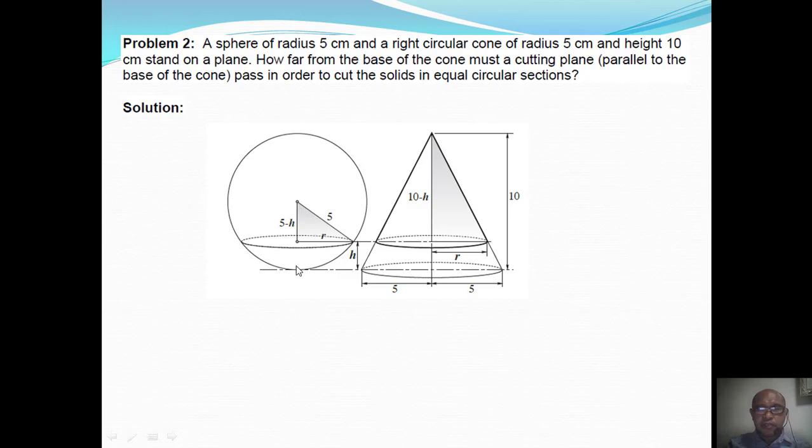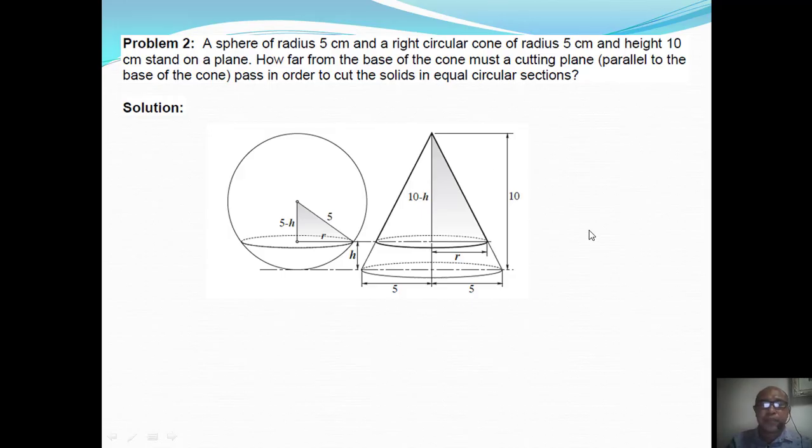This is also 5 and this is h, so this distance is 5 minus h. Then from the cone, this is h, this is 10 minus h, and this is the radius r of the circle made by cutting the plane to the cone.